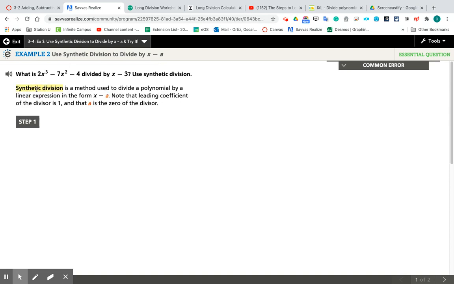Notice that the leading coefficient is 1, so that x doesn't have any number there. Well, there is one number, but we know it's 1. And also, the a is a 0 of that divisor, meaning that a is the number that makes that binomial 0.